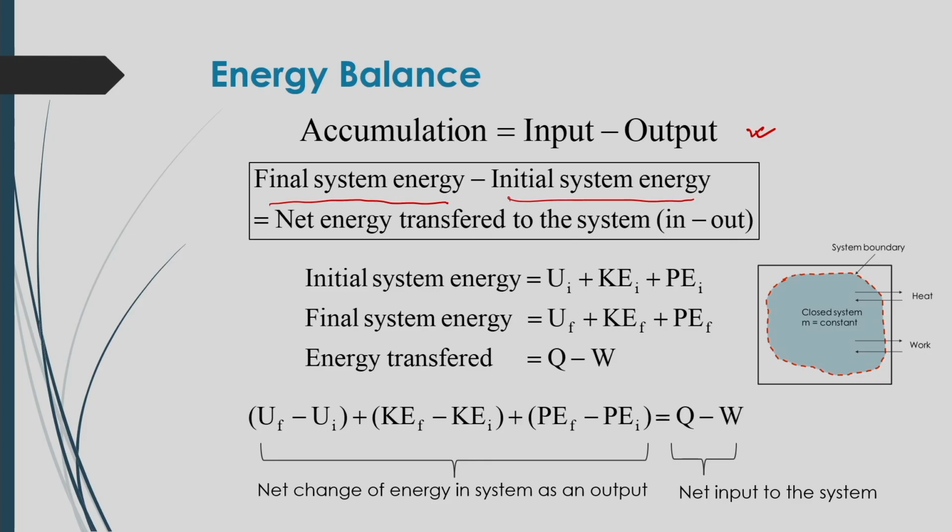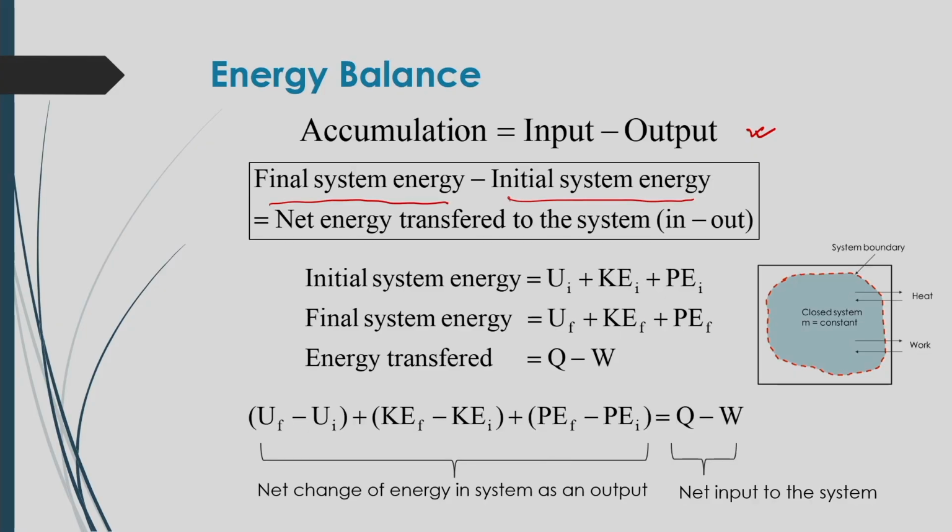Based on this, the system energy changes from its initial to its final value. The initial system energy is the summation of internal energy, kinetic energy and potential energy. The final system energy is again the internal energy of the final state, kinetic energy and potential energy, and the net energy transferred is Q minus W.